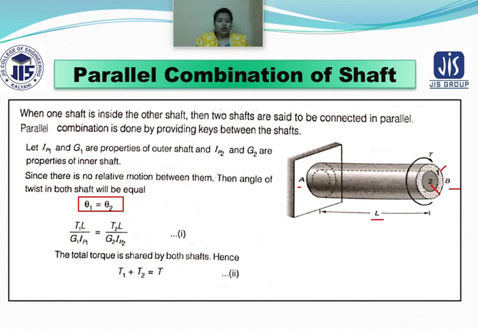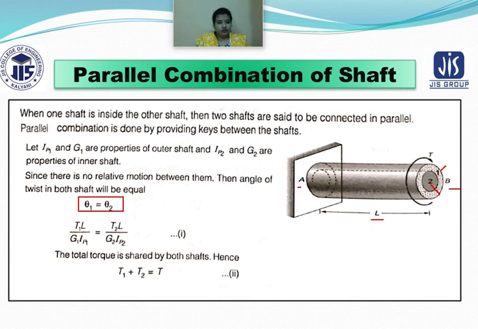The torque for shaft 1 into length is the same for both cases. Again, I am repeating: theta 1 is T1 into L by G1 into IP1, the torque for shaft 1 into length by modulus of rigidity for shaft 1 into polar moment of inertia for shaft 1, because you have different diameters and that's why you will have different polar moments of inertia too. This is treated as the angle of twist for shaft 1.